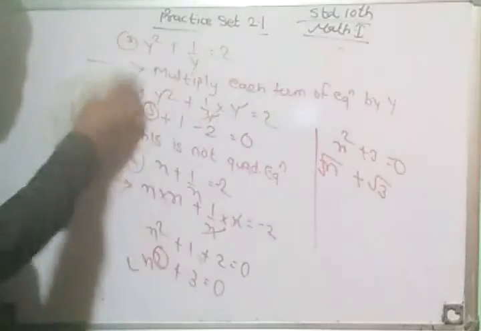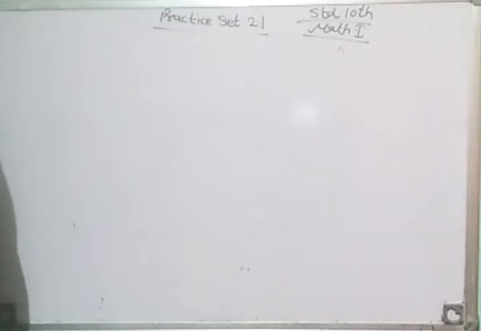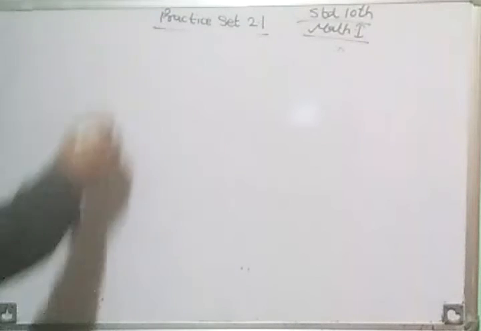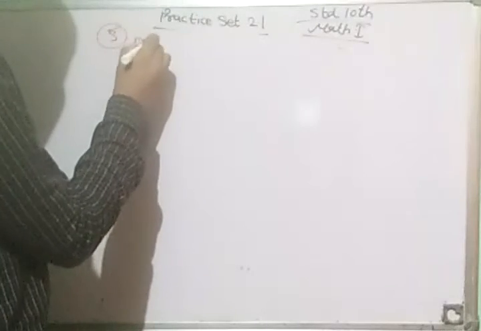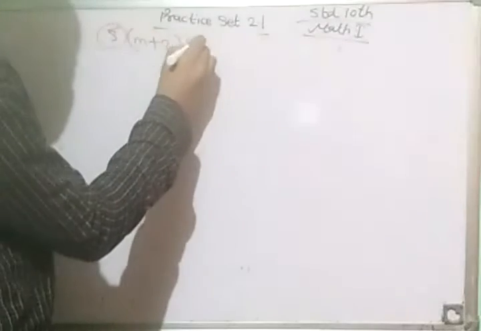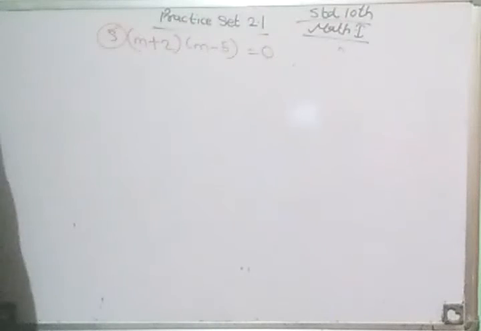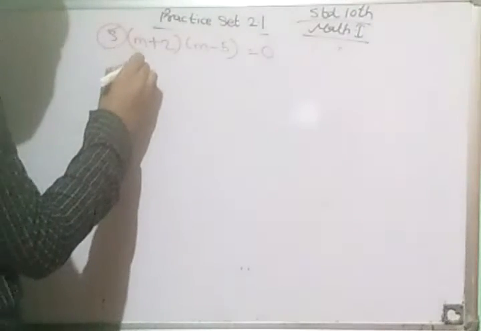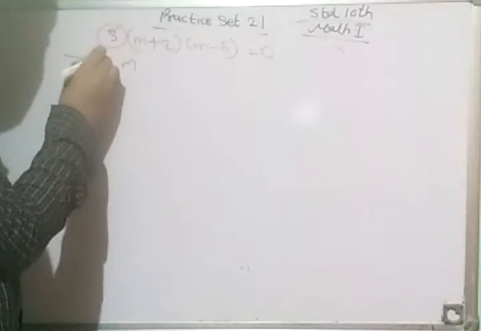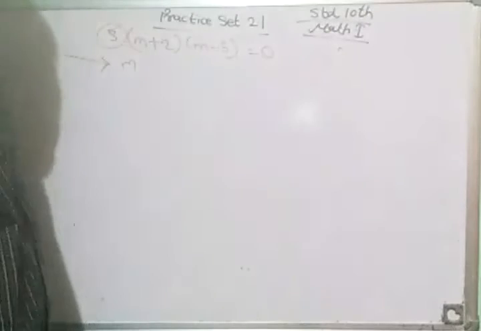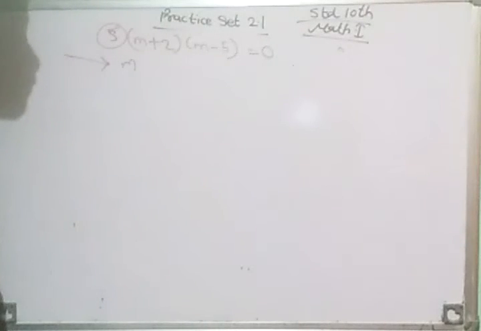Fifth question of this practice set is m plus 2 in bracket and second bracket m minus 5 is equal to 0. Friends, we multiply the first bracket by the second bracket to get an equation.